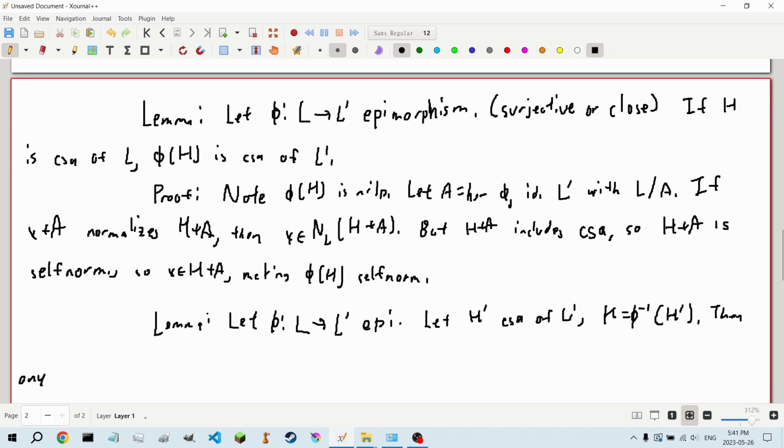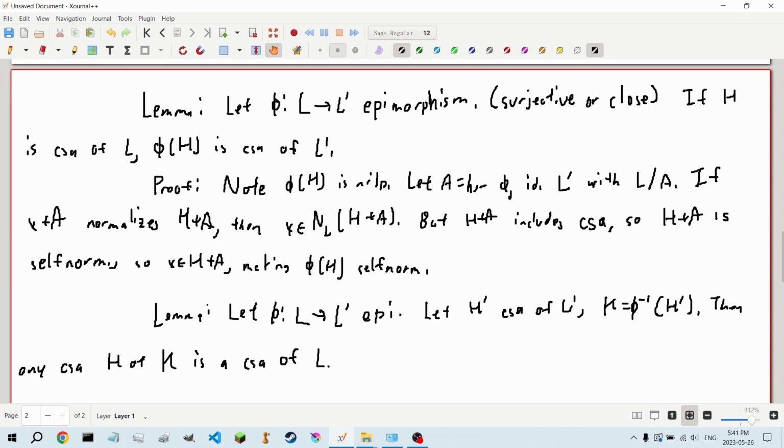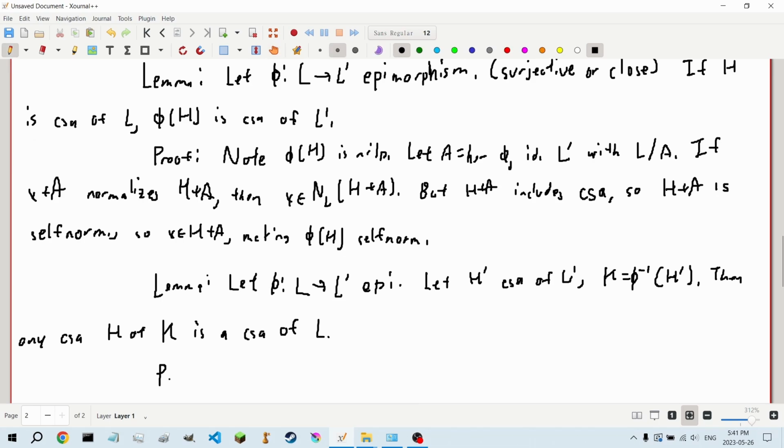Then any Cartan subalgebra H of K is a Cartan subalgebra of L. The proof: well, we know H is nilpotent.